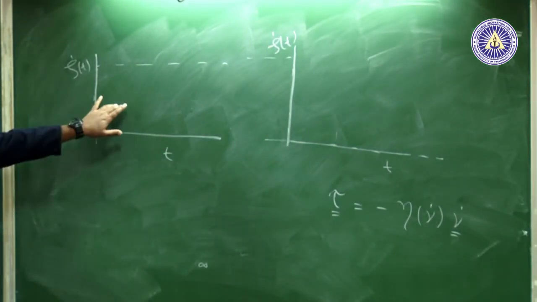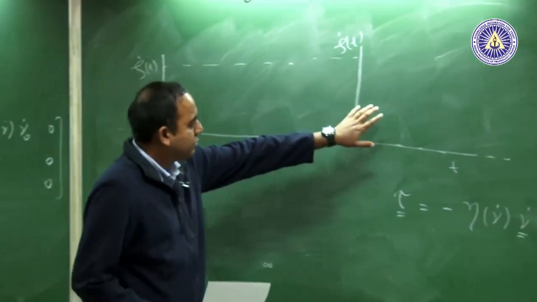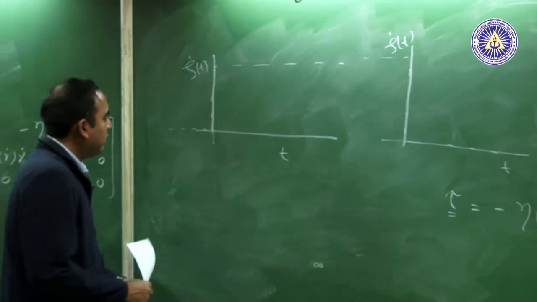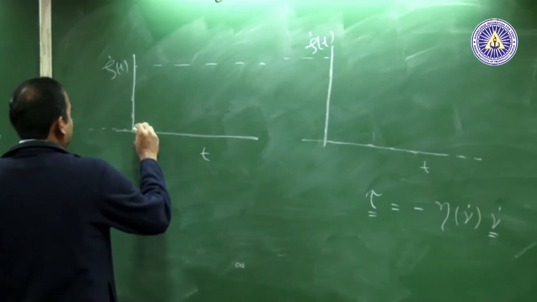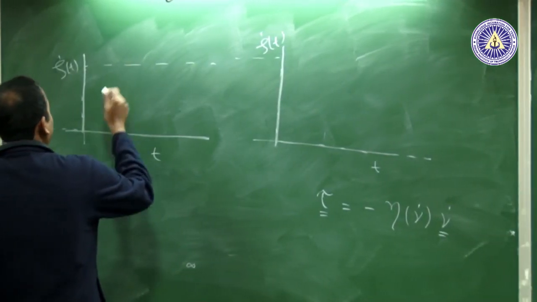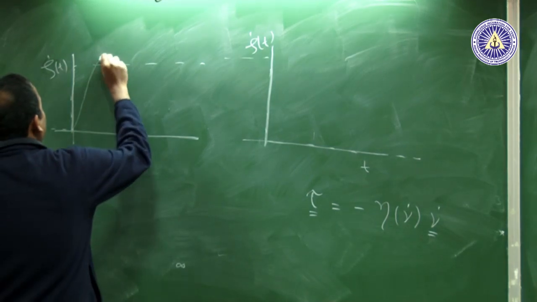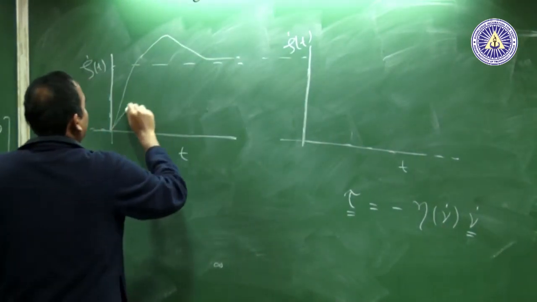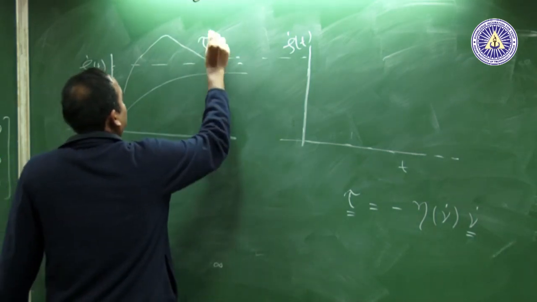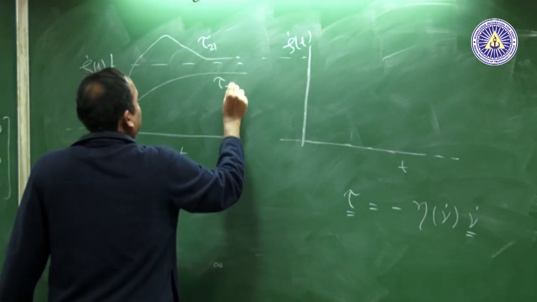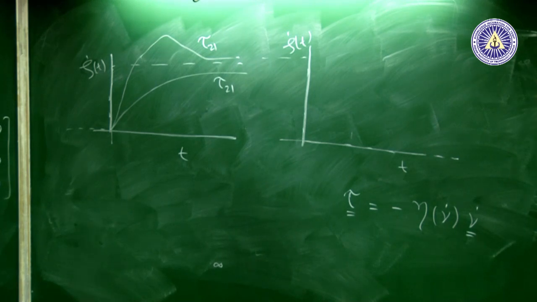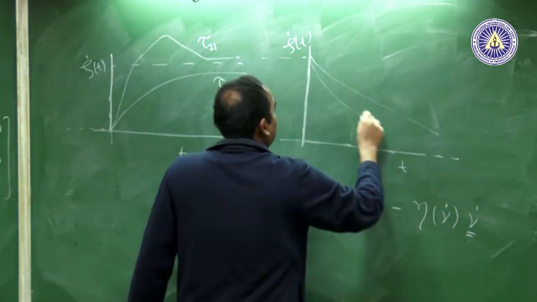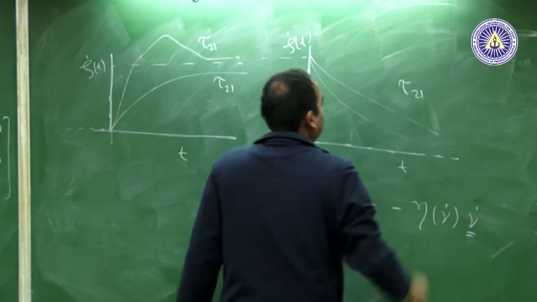Now, for these other classic experiments where the shear rate is transient, we know that the typical non-Newtonian fluids would show curves like this, which is what I am drawing for tau, and for the other experiment, curves like this, again for tau.